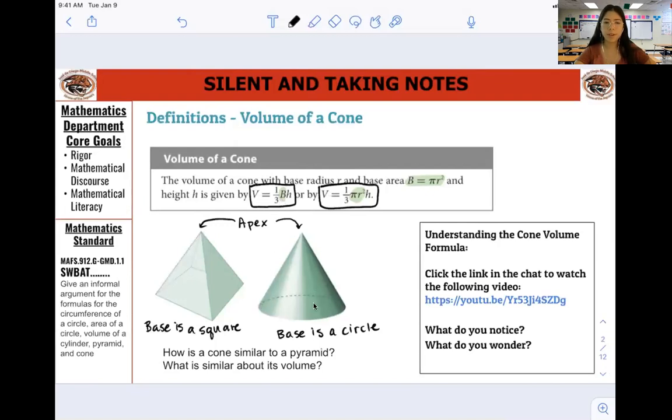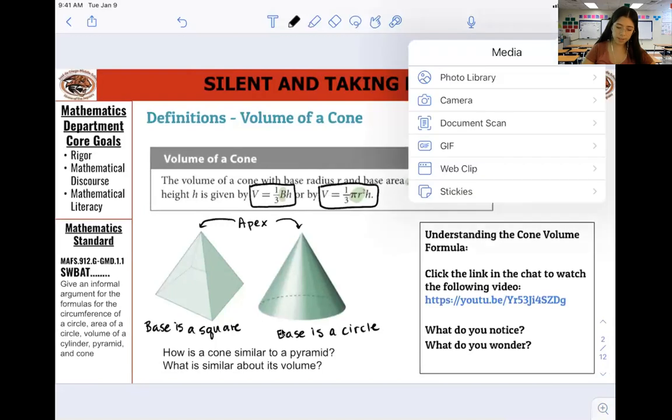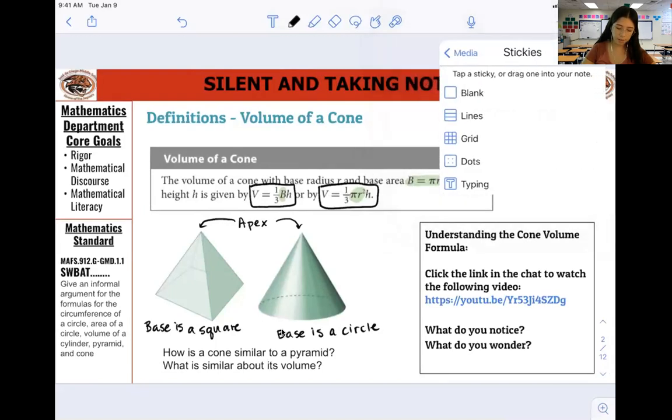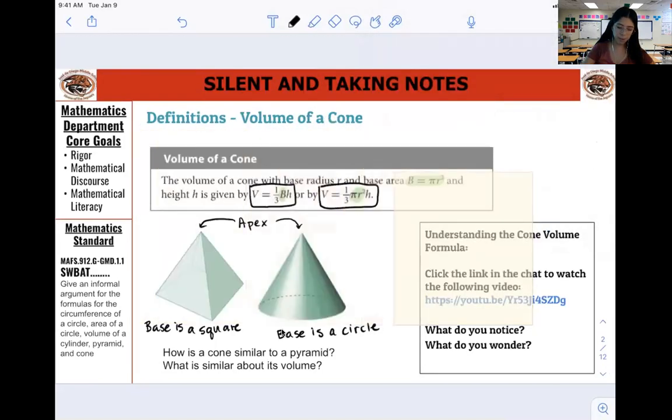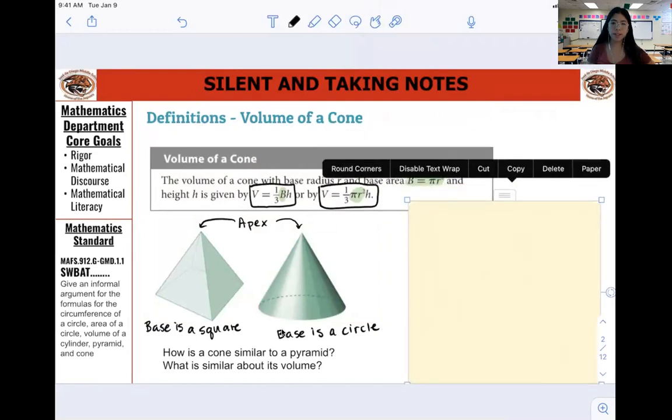But since the base of a cone is a circle, you use the area of a circle formula. So that's a nice comparison and similarity. When you're memorizing these formulas, you can notice the similarities, and that's going to help you to memorize them.